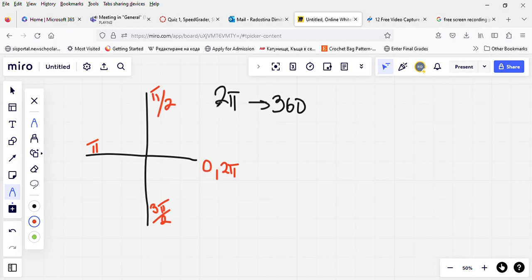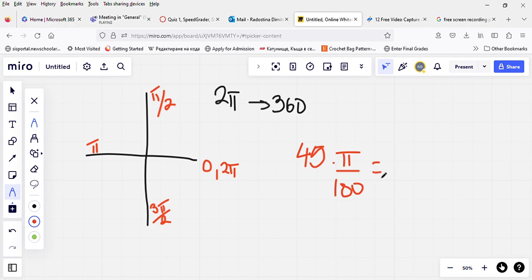So, how do you convert? If you have something in degrees, let's say I have 45 degrees, and I want to convert that to radians. The way to convert it is to multiply by pi over 180. So pi stays.